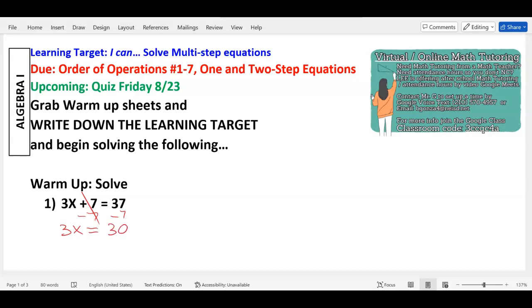Does everyone know a 3 in front of x means it's being multiplied? So what's the opposite? To divide, right? So we divide by 3 on both sides. The 3's cancel on the left. x equals 30 divided by 3, so x equals 10. Cool.